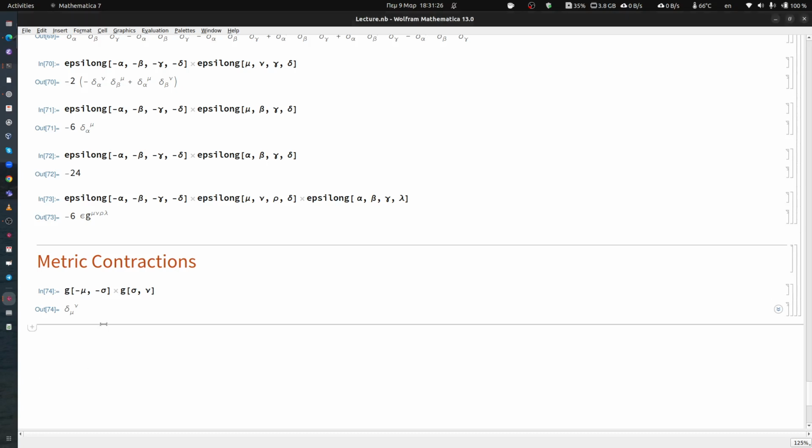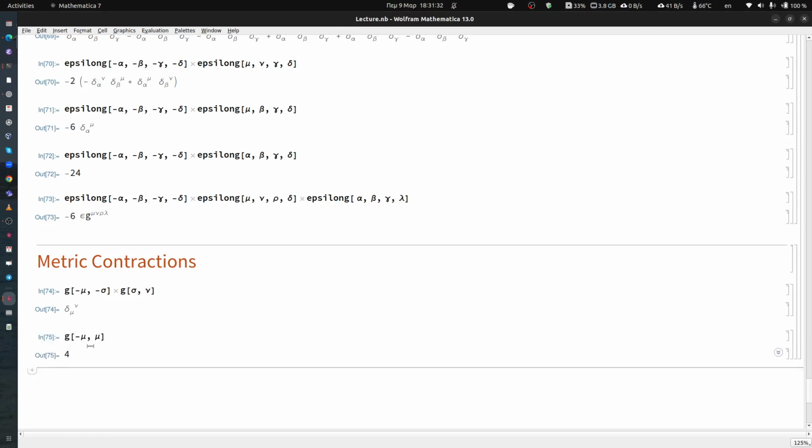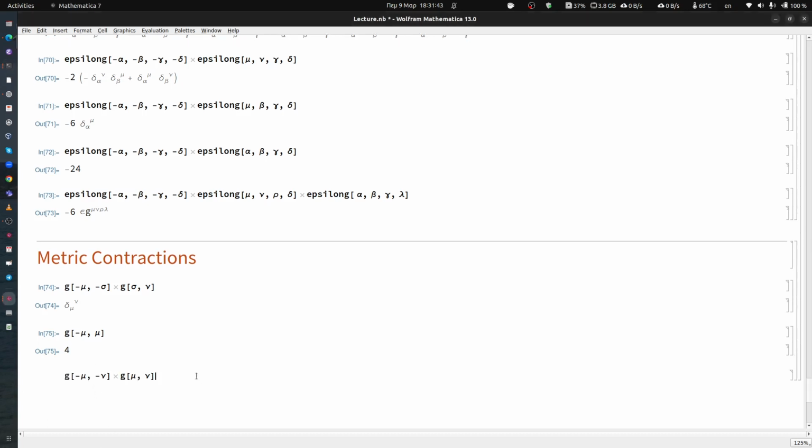Similarly, if we take the trace or contract both indices, then the result is 4. This is another example here, where we contract both indices. That is the same as the one before.